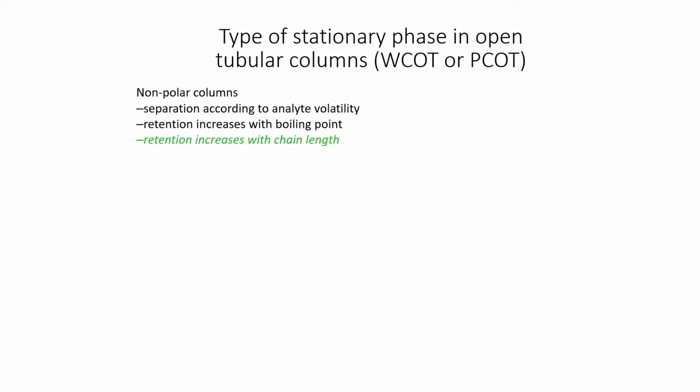Okay, so there are several types of stationary phase in open tubular. Of course, we have the non-polar column. This is for separating non-polar analytes, and can sometimes also be used for mid-polar. I will show you how later.